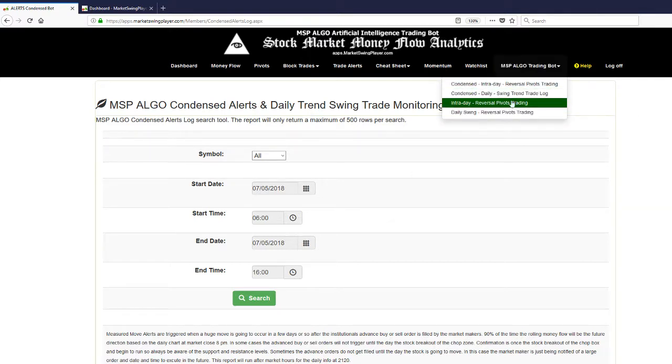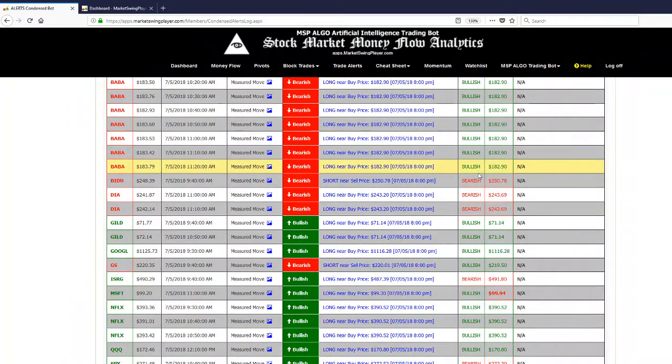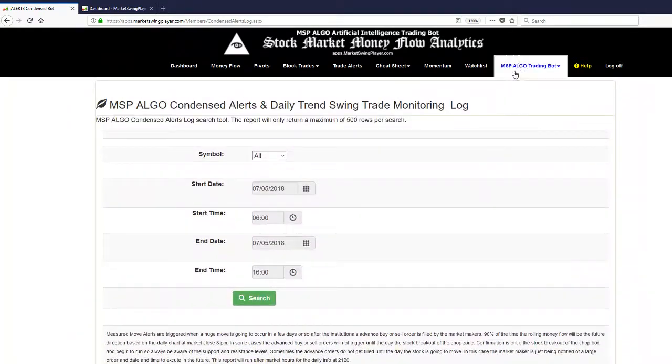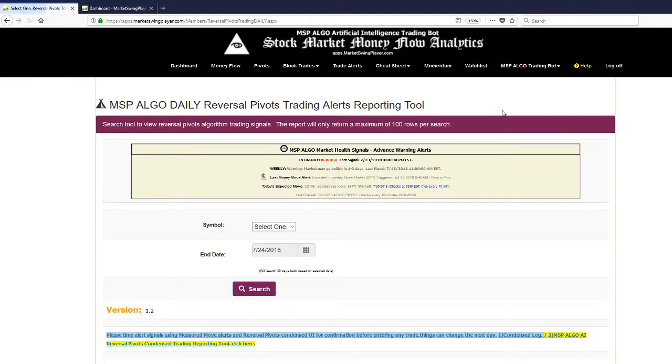Okay, so that's that. Now this intraday is the older version, and then we have this, which encompasses the intraday and the daily swing trades interfaces. So here goes the actual daily swing trade interface.